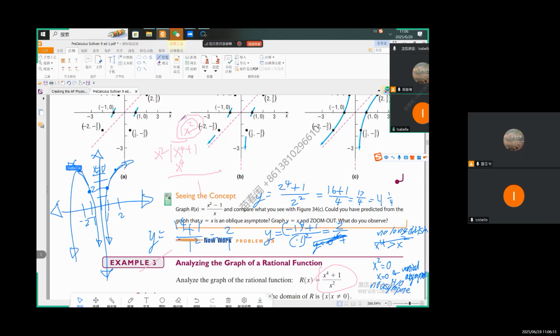Okay, well, I'm just going to say it looks like this. I can't figure out where the vertex is.